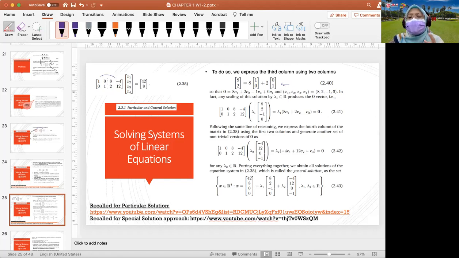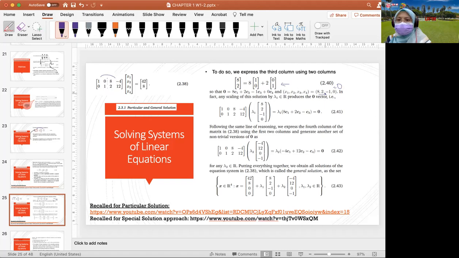You have to make sure that these solutions give you a result equivalent to 0. This is one way of getting this value.